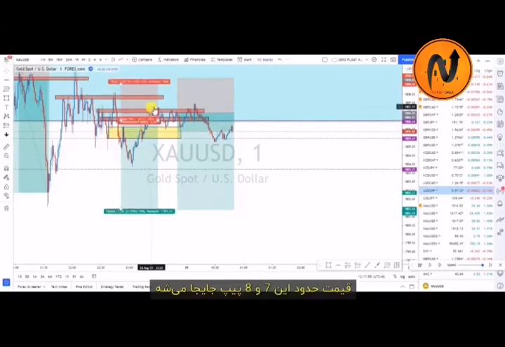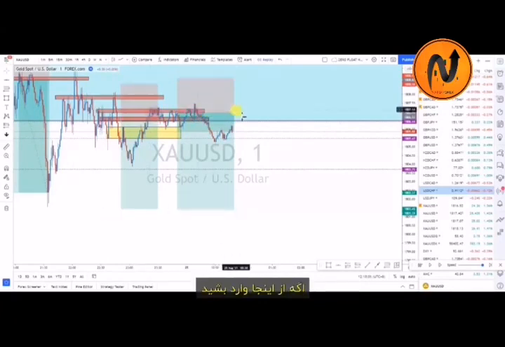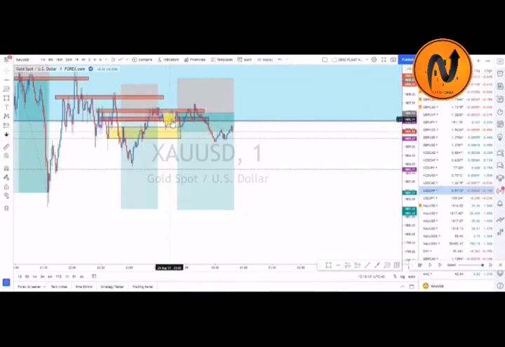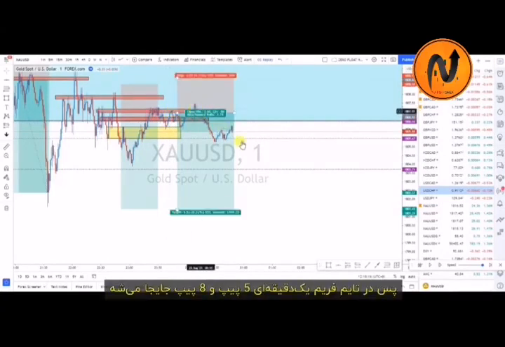Okay, 7-8 pips. If you enter from here, price will only float around 5 pips. So this one 5 pips, this one is about 8 pips. So 5 pips, 8 pips floating on a 1 minute time frame temporarily is okay.